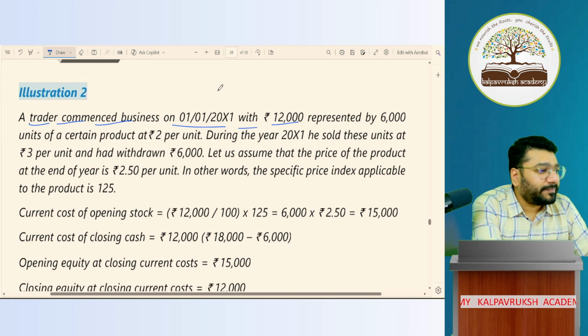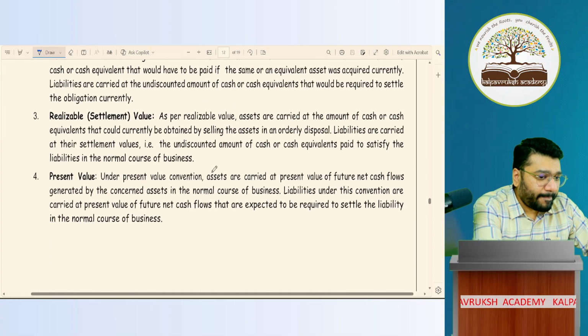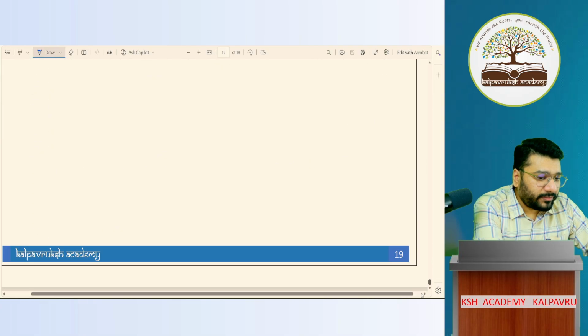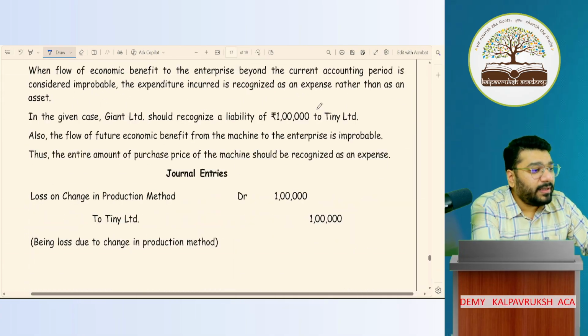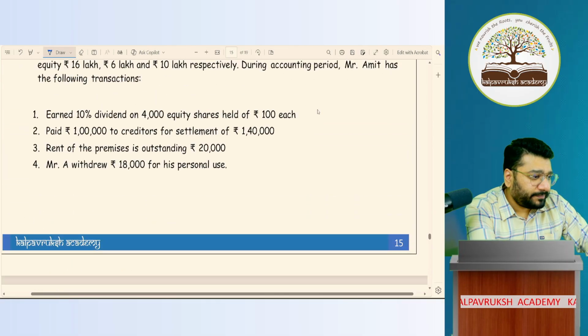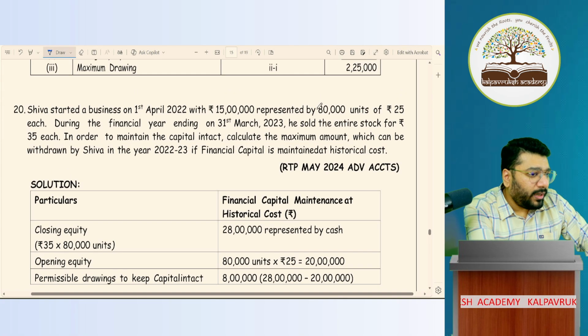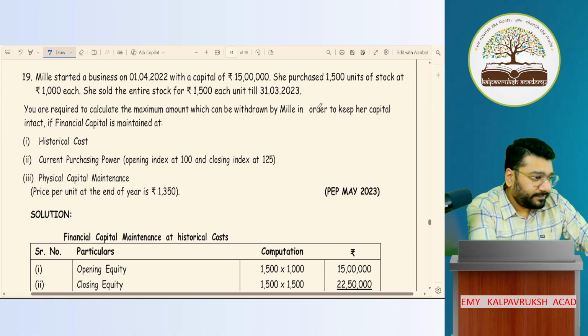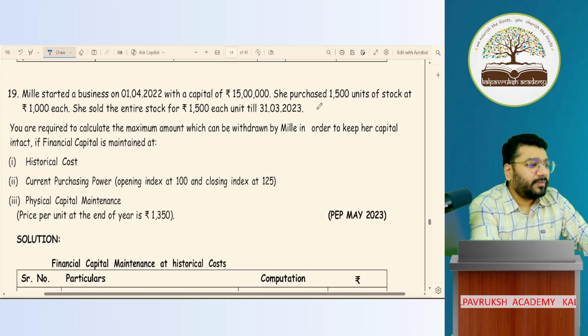Can we do a different question? We'll do a different question, with a slight difference, but we'll discuss this. From the scanner, we'll take some past examination question. I'm looking for one question where all the three methods are asked. 19th question will do.